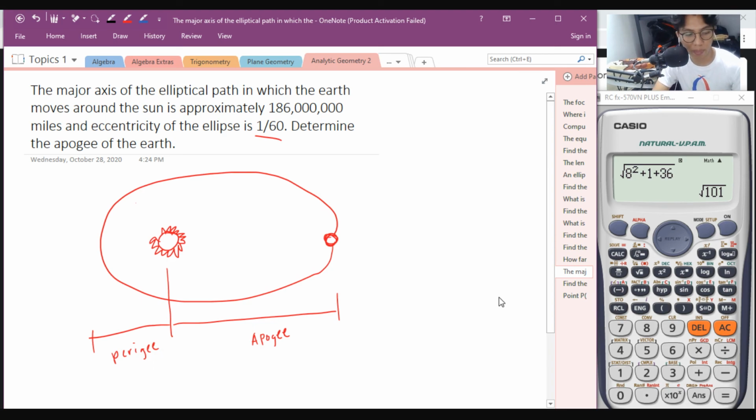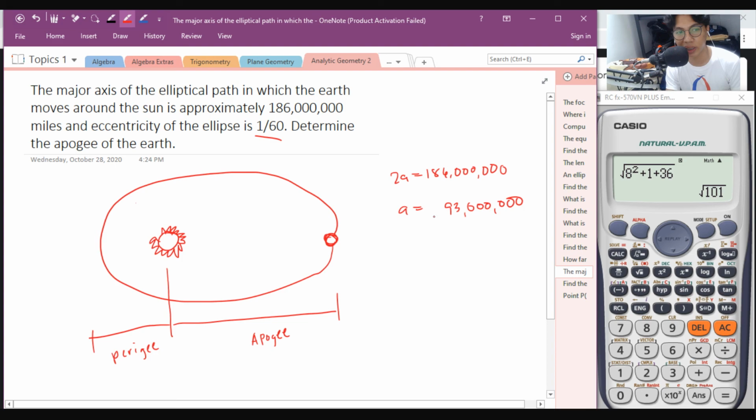Okay. Now, ang sinasabi dito, yung the major axis, ibig sabihin 2A is equal to 186,000,000. Okay. Yung A mo, that is equal to 93 million. Divide mo na lang to. And then the eccentricity is equal to 1/60.